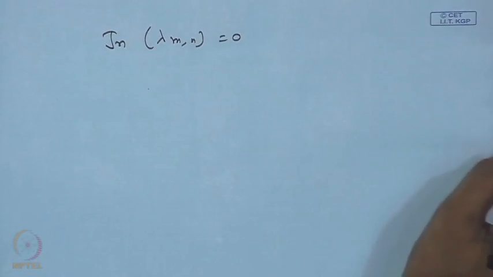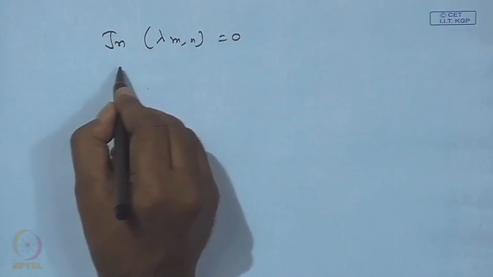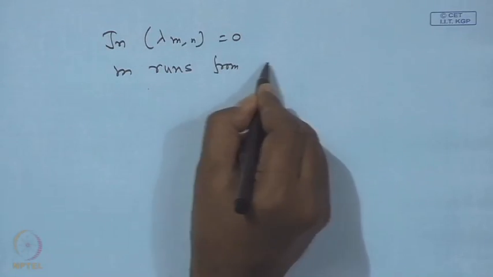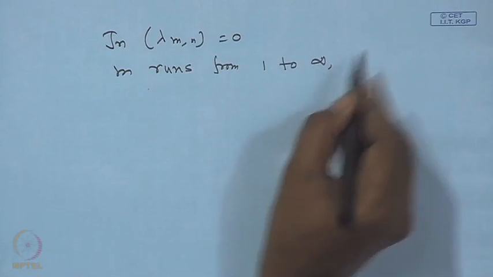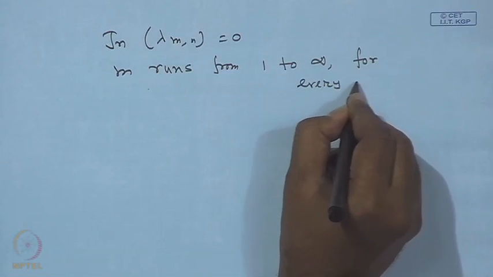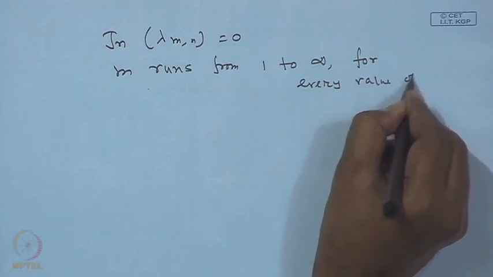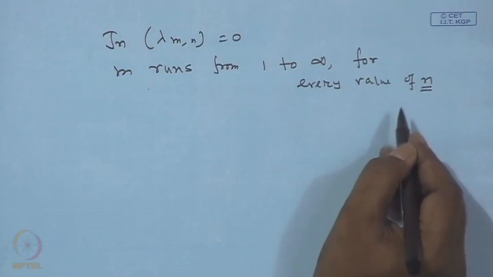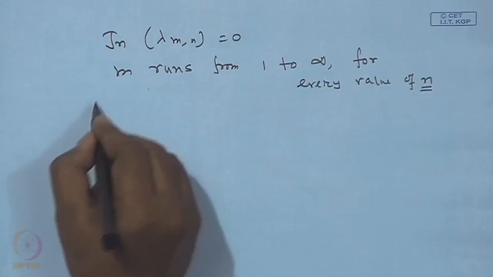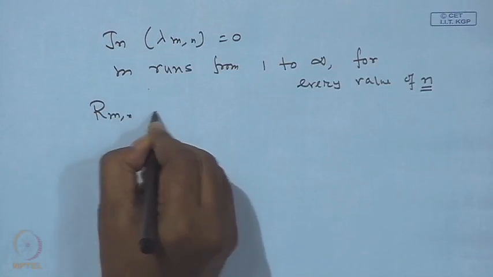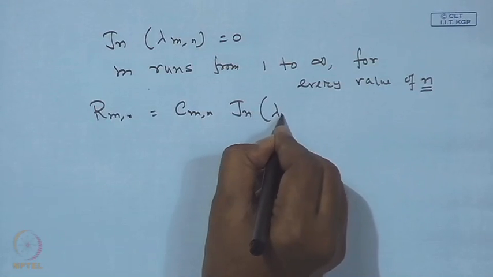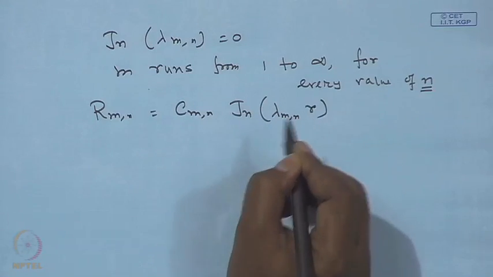So, the eigenvalues are lambda m n, where m runs from 1 to infinity for every value of n. What is this n? These n are basically whatever we have found by solving the theta varying part. So, we write R m n equal to C m n J n lambda m n times r.